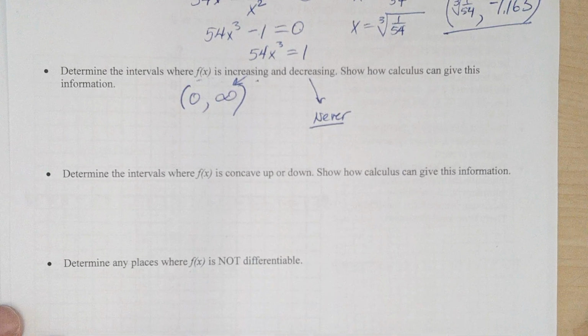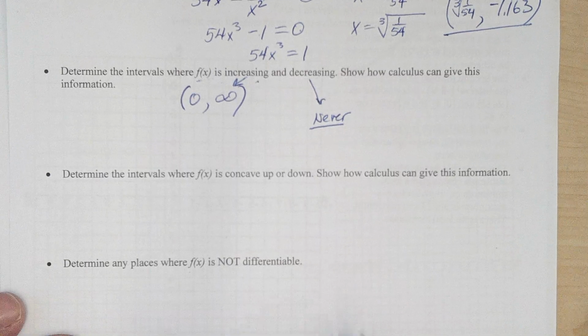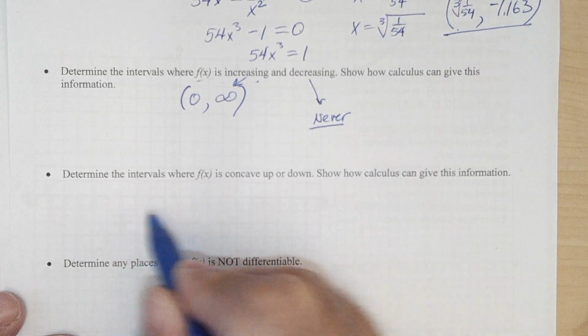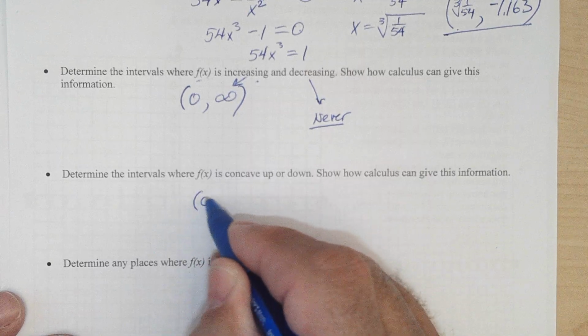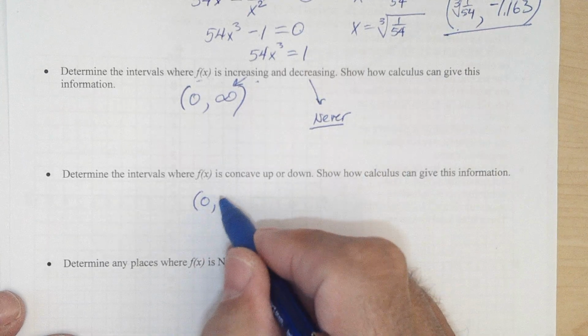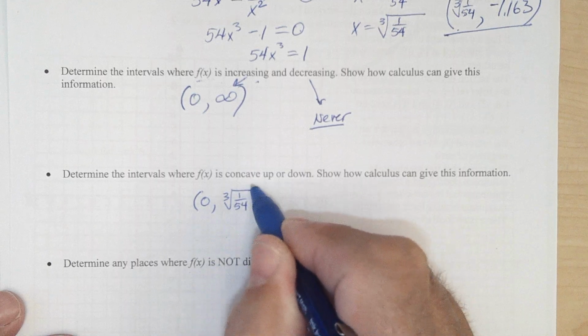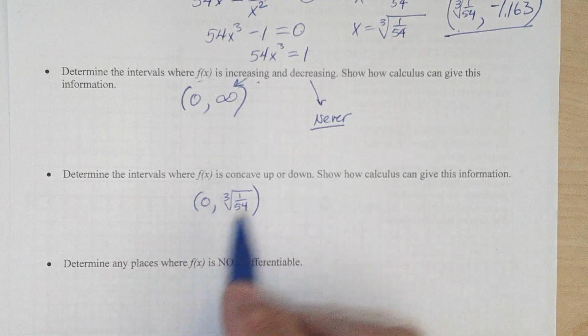Determine the intervals where f of x is concave up or concave down. Well, that's the inflection point, and this doesn't exist at 0. Probably from 0 to here, cube root of 1 over 54, it's probably concave down. I'm not sure.